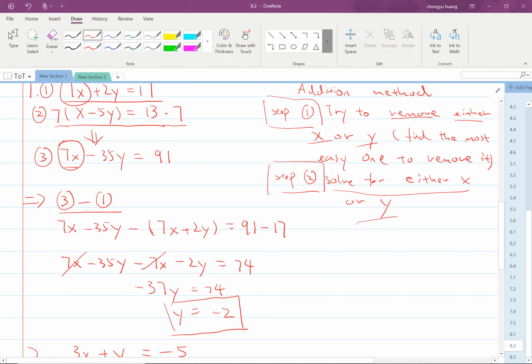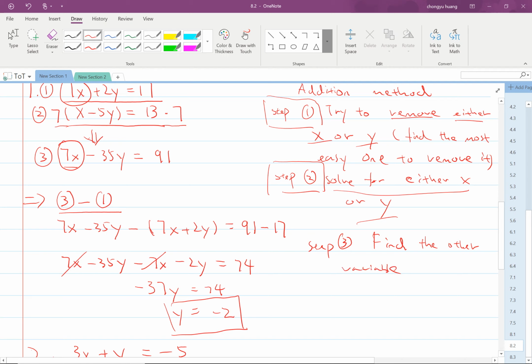So step 3: find the other one. Try to find the other variable by plugging into any equation.